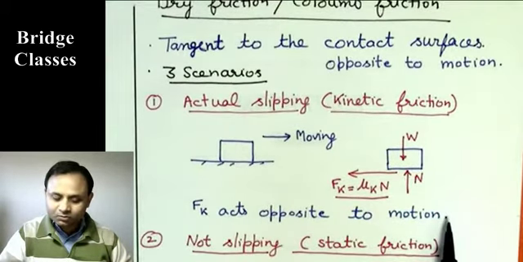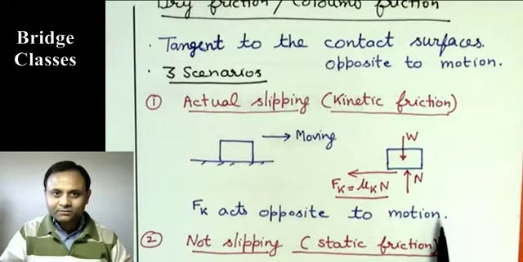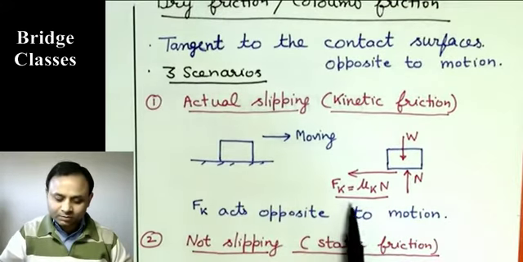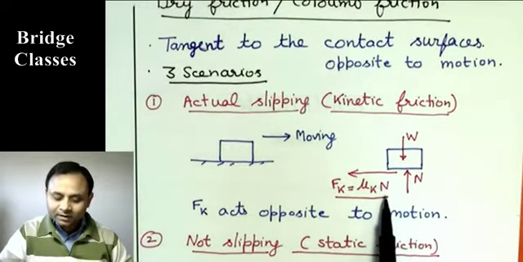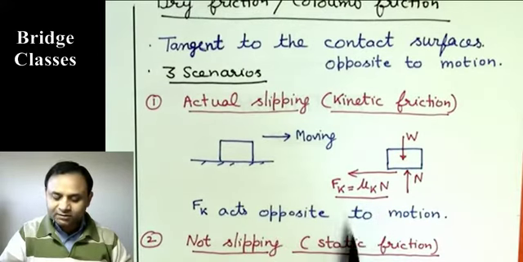So the idea of kinetic friction is very simple. It is going to be just mu k N, and it will act in the direction which is opposite to actual motion.